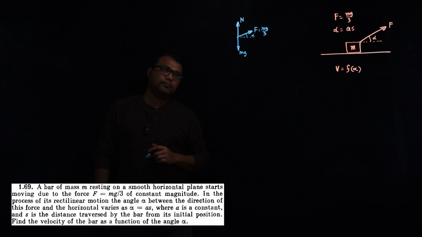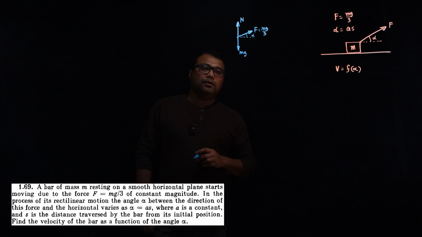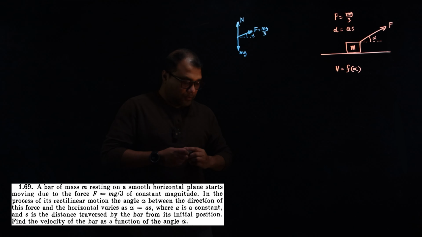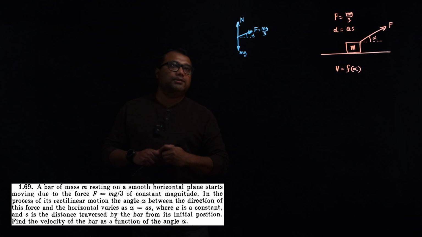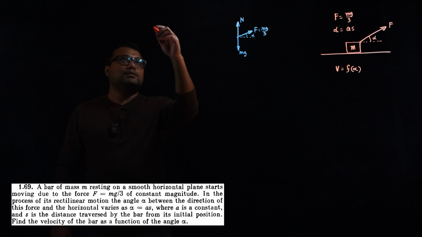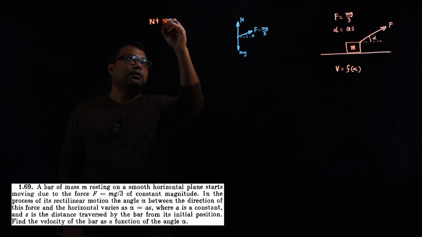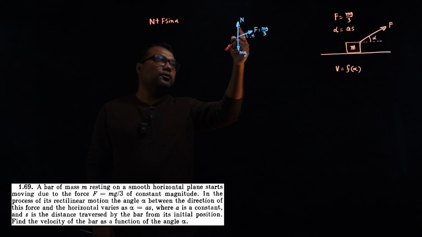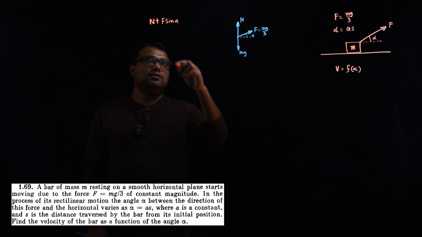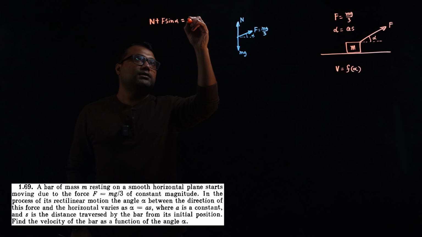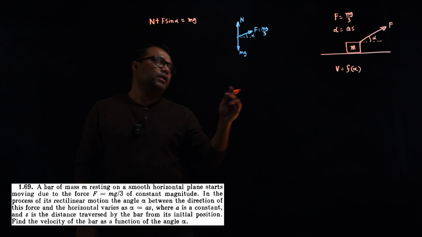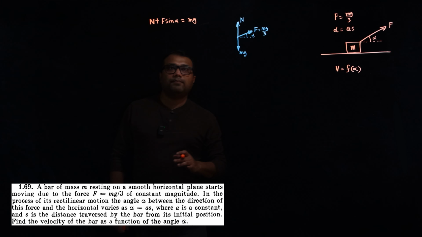Now, one thing we should consider is, let's say, normal reaction plus F sine alpha, component of force in this direction, equals mg if the body does not leave the surface.